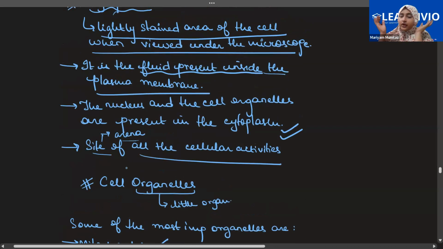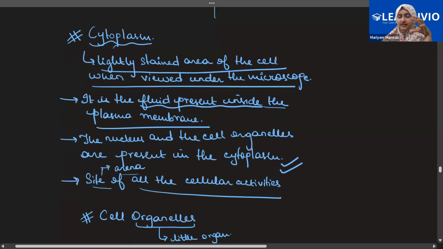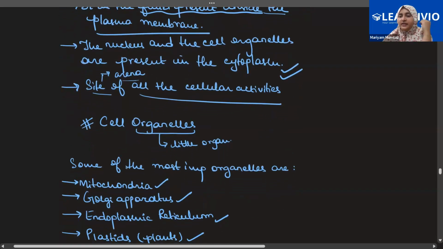Why? Because all of the organelles, such as the mitochondria, the endoplasmic reticulum, and all of the organelles are present in the cell's cytoplasm. So that is why it is the arena for all the cellular activity, meaning the activities of the cell take place in the cytoplasm.